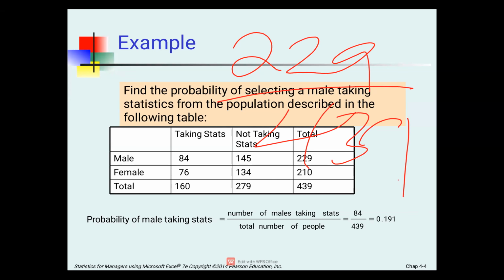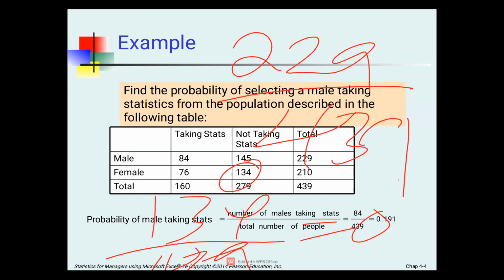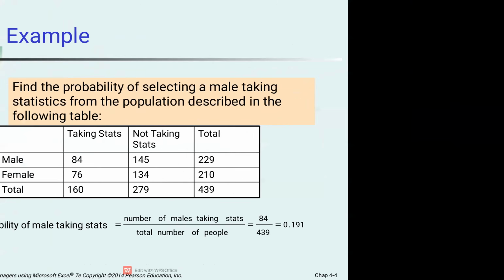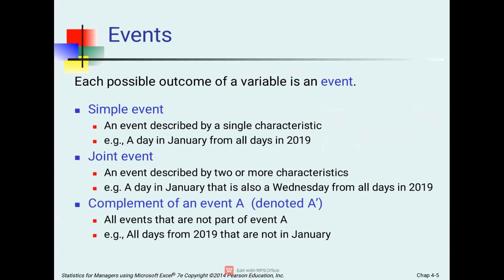If you're interested in females that do not take statistics, we get 134 divided by 439. That is the probability of a female not taking statistics. So I think you have gotten a glimpse of how we deal with the contingency table.